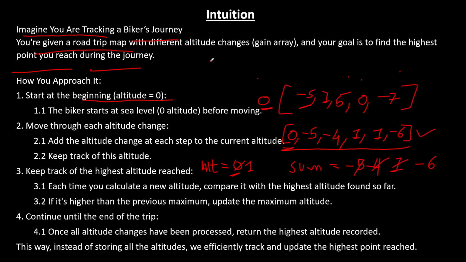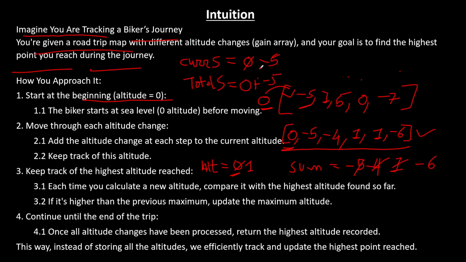So let it be current sum and total sum. Total sum is 0 first, and current sum is also 0. When you start from 0, the total sum remains 0 and the current sum also remains 0. But as soon as you go to the next step, you take -5 and add it to the total sum.